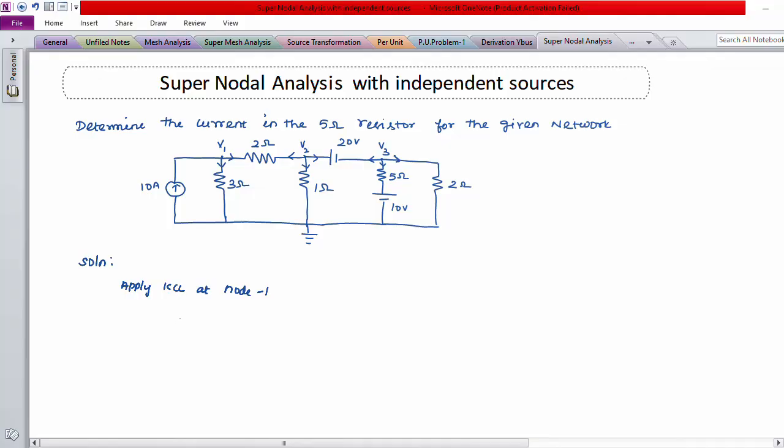So we have to write the equation as 10 equal to V1 divided by 3 plus V1 minus V2 divided by 2. Now combine V1 and V2. So V1 into 1 by 3 plus 1 by 2 minus V2 by 2. So you can simplify the equation.